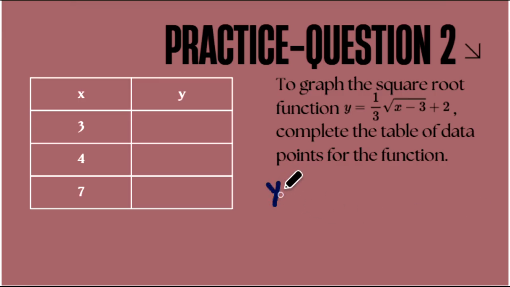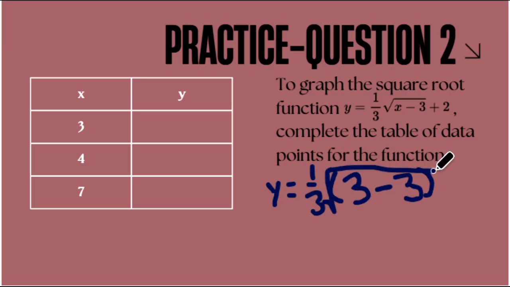Okay, so we're going to take y equals 1/3 times the square root of x minus 3 plus 2. Let's use 3 for this first value, minus 3. This becomes 0. The square root of 0 is 0. This all cancels out, so y becomes 2.